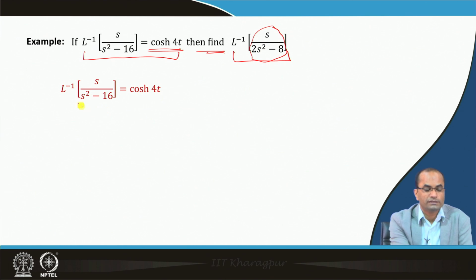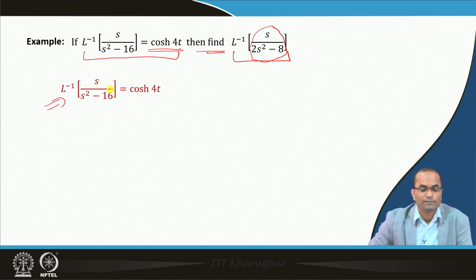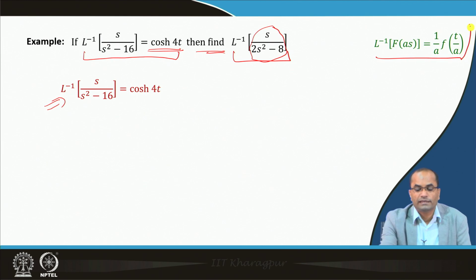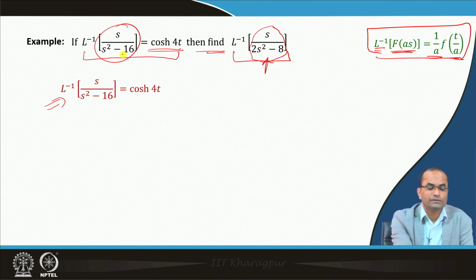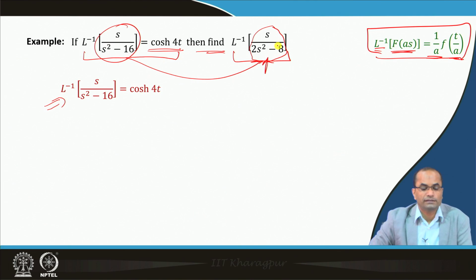What we notice is that this is given already, s over (s square minus 16) as cos hyperbolic 4t, and we know this scaling property that L inverse of F(a s) is 1 over a f(t over a). So, we have to just see what is the scaling done from s over (s square minus 16) to get s over (2 s square minus 8).